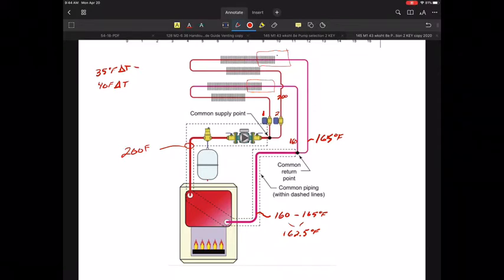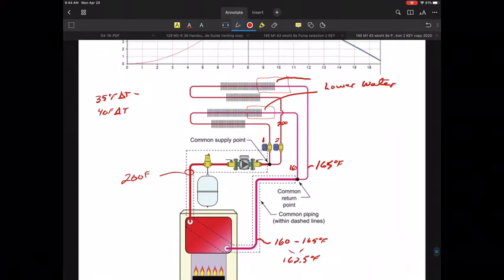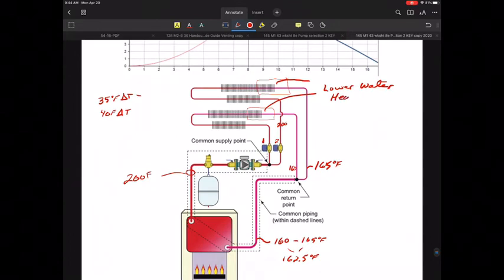Because the water temperature in those emitters is lower, they're going to get less heat output. Lower water temperature is always going to mean the heat output is going to be less. And that is just a fact. That's the way it's going to be.